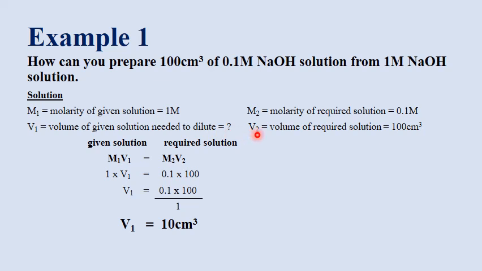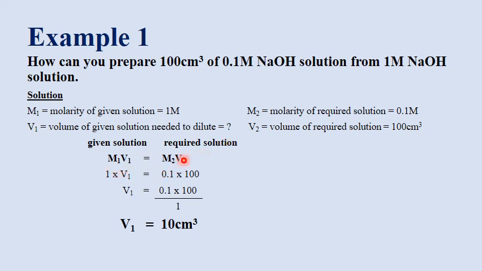And V2 is the volume of the required solution, which in this case is 100 centimeter cube. The formula we are using is M1V1 equals M2V2, where the left hand side represents the given or stock solution and the right hand side represents the required solution.